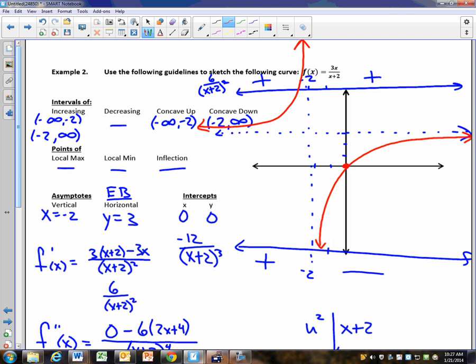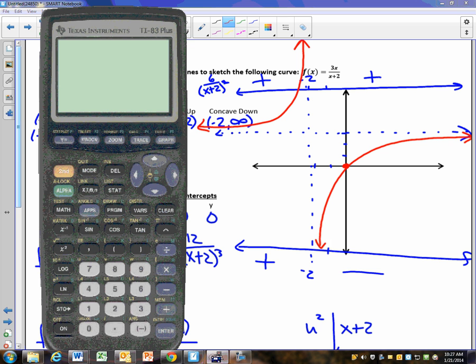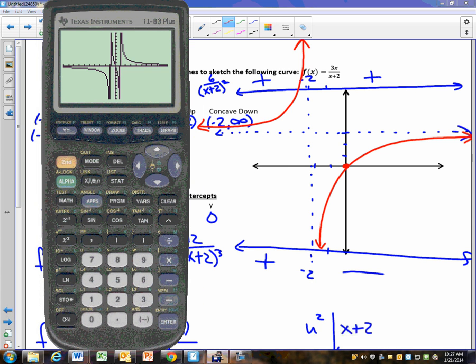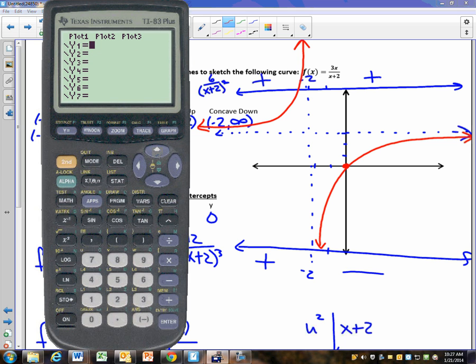Since the derivative is always positive, the graph of the derivative would always be above the x-axis. But this is the graph of the original function. Okay. All right. This is my favorite part. Let's check to see what it looks like. 3x divided by x plus 2. Yep, thank you. X plus 2.